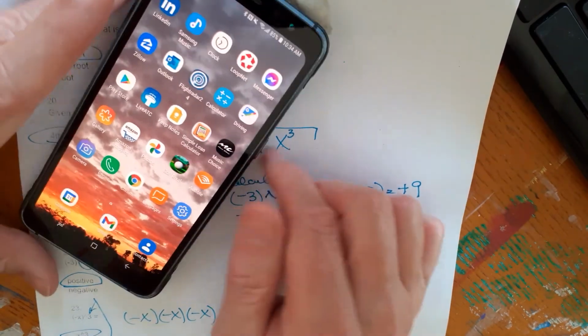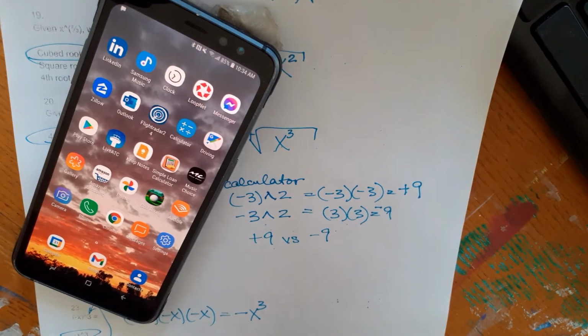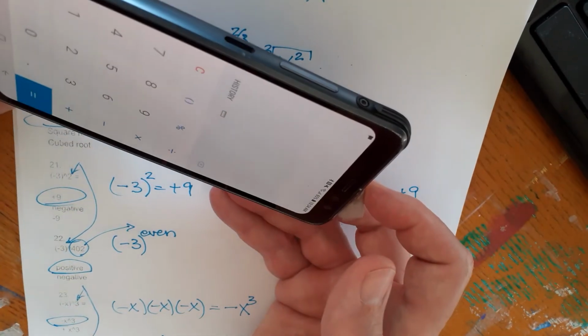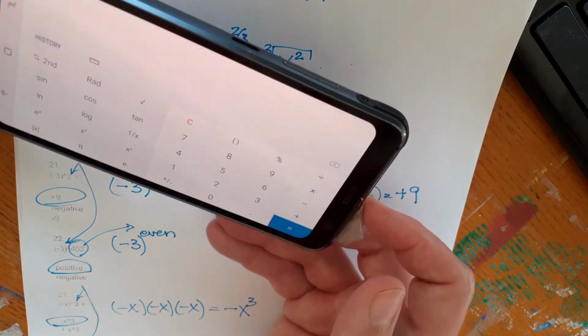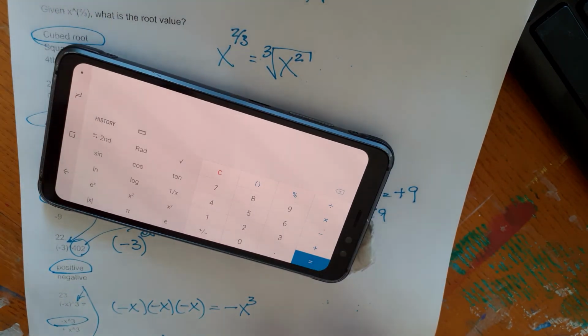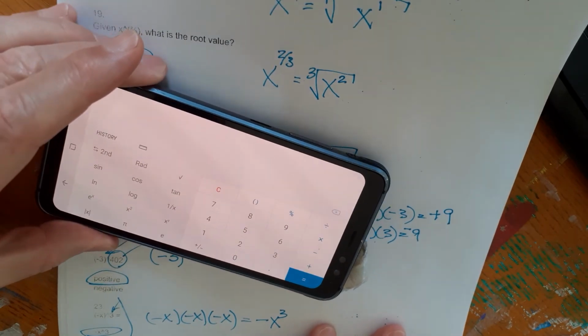Let's see if I can show you this. Here's my phone. Most of you have a calculator. Go ahead and open that up. Let's clear this, and let's do 2 things. Oh, you're going to need to rotate your calculator. There we go. When it rotates, you have a whole new calculator. And what I want to do is do a power here.